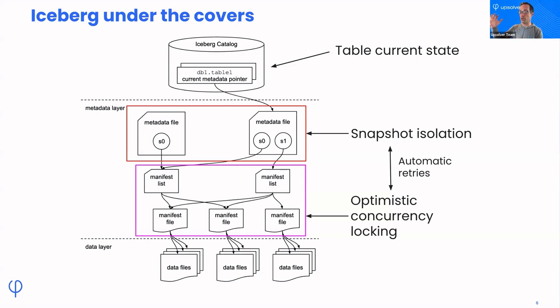Once I'm done making those changes in isolation, I then commit those changes to the table. We'll talk about conflict resolution in a second. Once you do that over and over again, with multiple systems reading and writing, you also have automatic retries. So if you try to commit some changes, but somebody else is also making changes at the same time, you fail, and then you retry the same thing again.